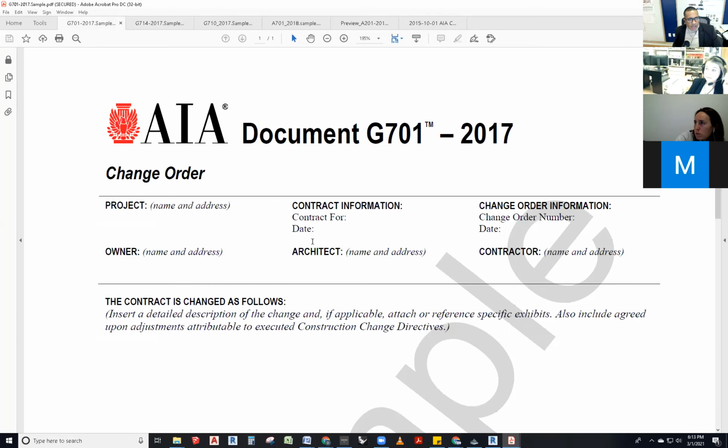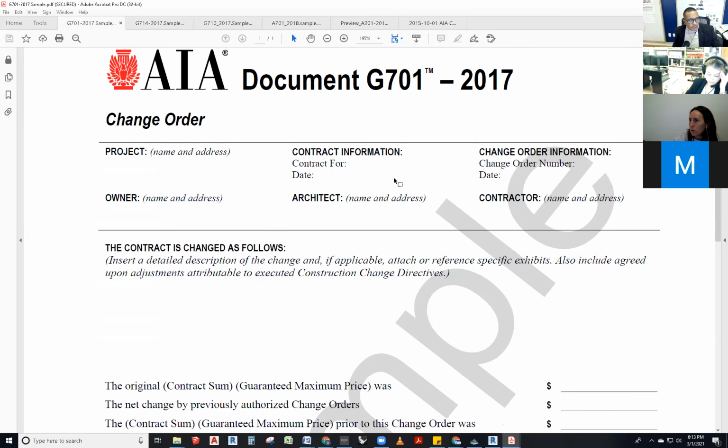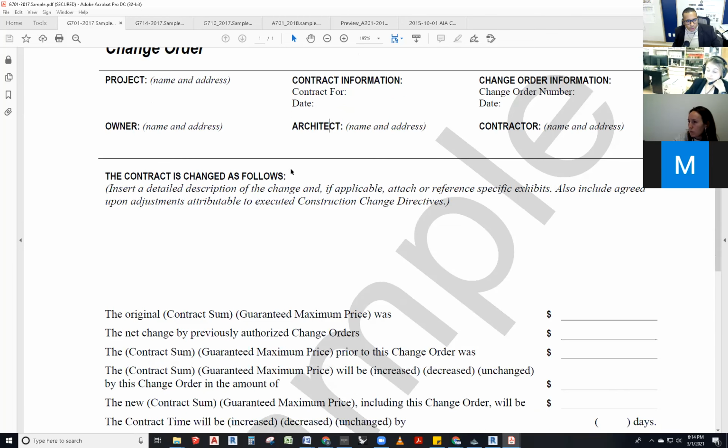Before we go through the A201, I wanted to touch upon a few things. One of them is that within the A201, there is this thing called change orders. A change order is a modification to the contract that's being delivered by the contractor for the owner on the project. Modifications can be made in three ways: change order, construction change directive, and supplementary instructions. The change order is document G701. It outlines the project name and address, who the owner, architect, and contractor are, the date of the change order, and the number of the change order.